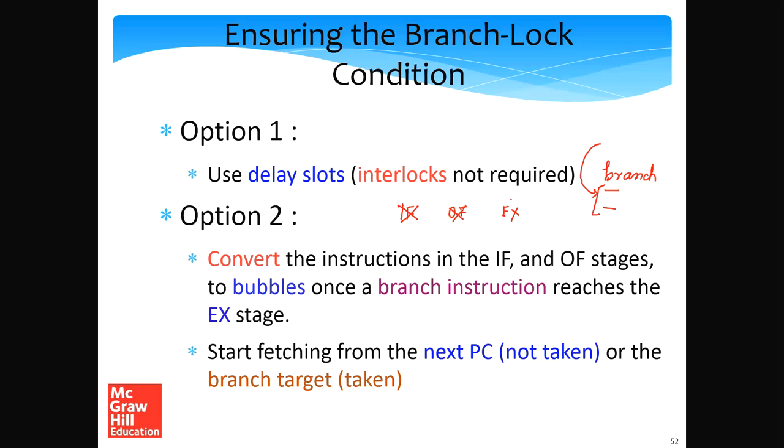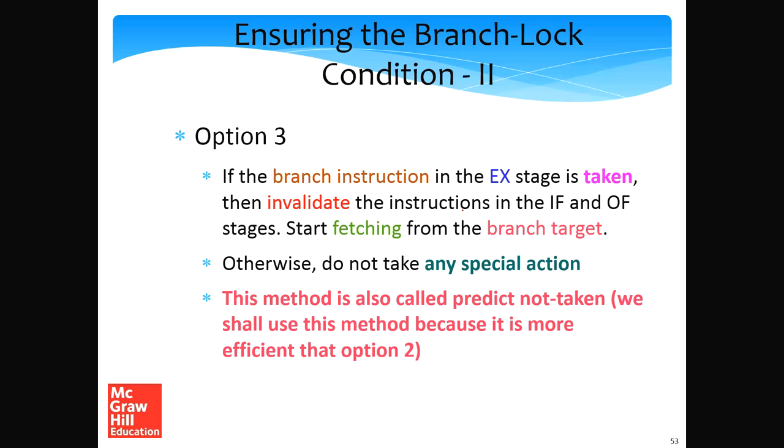Then we start fetching from the next PC. In the case when the branch is not taken, the next PC would be the branch instruction plus 4 bytes. And if the branch is taken, then we start fetching from the branch target. Option 2 is not really the best option, as we shall see. Option 3 is a better option.